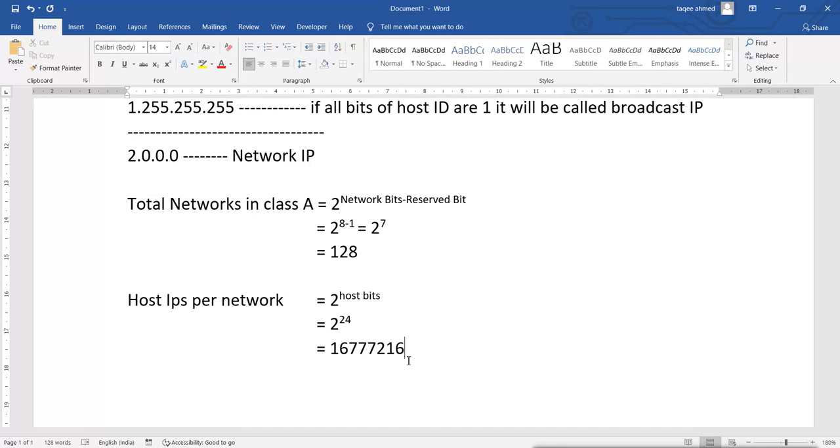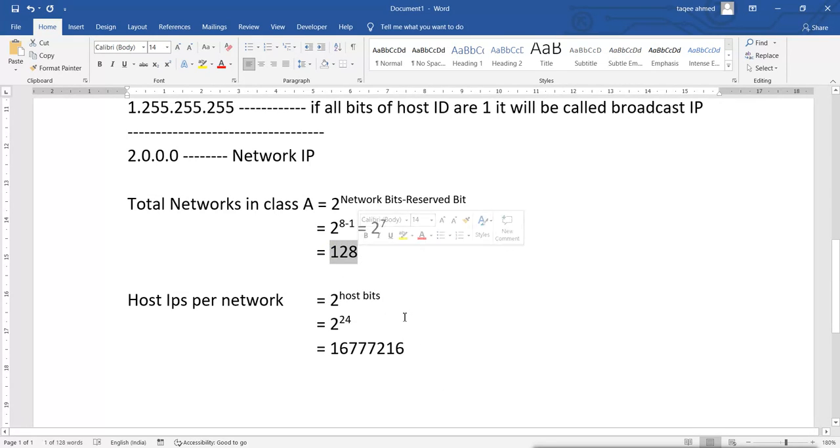So for them they created class A, so that they can give them one network of class A, and in one network of class A they will get this number of IPs. This number of IPs is too much, and that is why you have fewer networks. That means these kinds of companies can be very few, so they created only 128 networks like this.